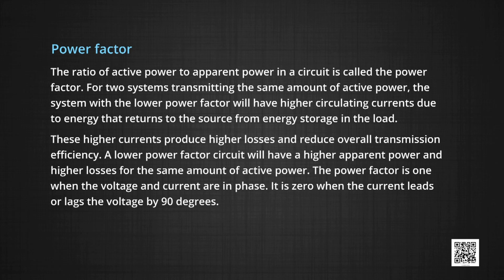A lower power factor circuit will have a higher apparent power and higher losses for the same amount of active power. So, we can say that the power factor is 1 when the voltage and current are in phase. It is 0 when the current leads or lags the voltage by 90 degrees.